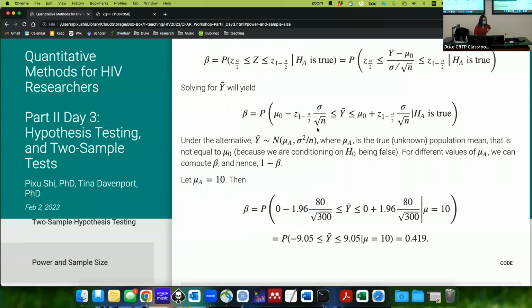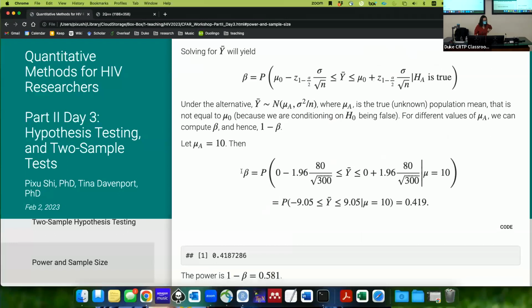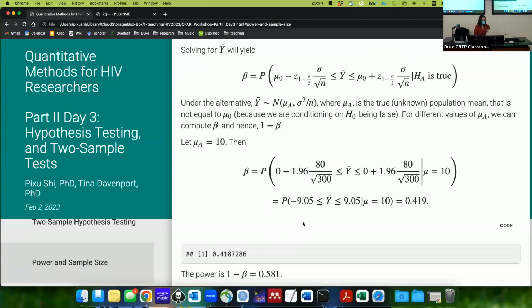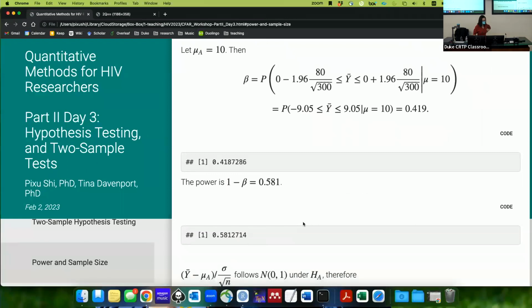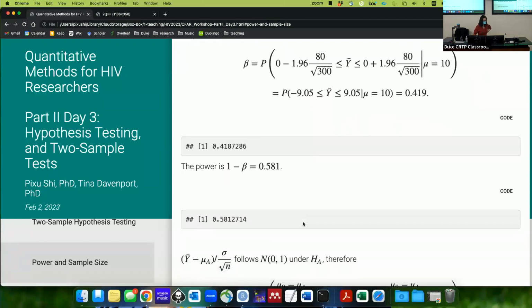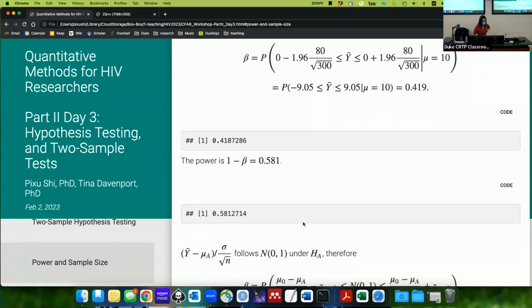If you have all of these values, the effect size, the sample size, the type 1 error control, and the variance of the population, you can plug them in to get the probability of type 2 error, and 1 minus this will be your power. So power and type 2 error sum up to 1. More power means that you are less likely to make a type 2 error.